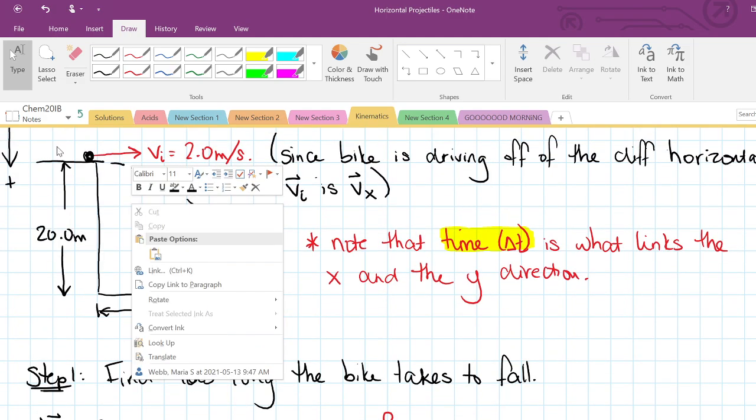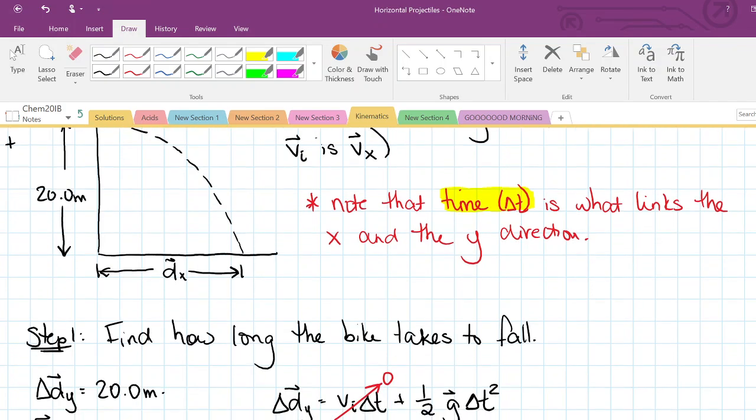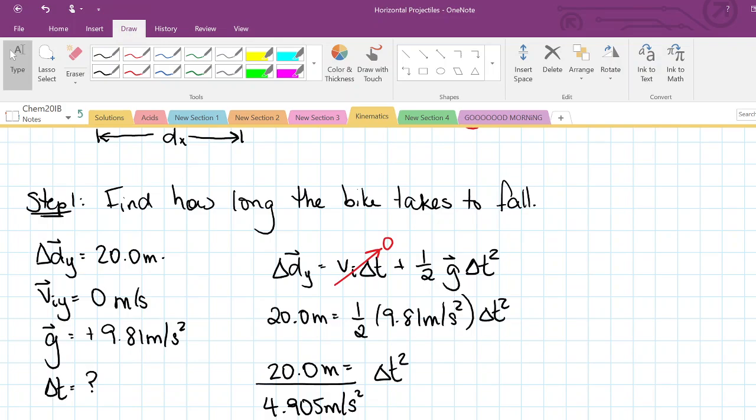I also know that because this object is moving in a horizontal plane here, even though its velocity is 2.0 meters per second, that velocity is in the x direction. So at that instant in time, this particular object has no y component to its velocity. So velocity initial in the y direction is 0 meters per second.